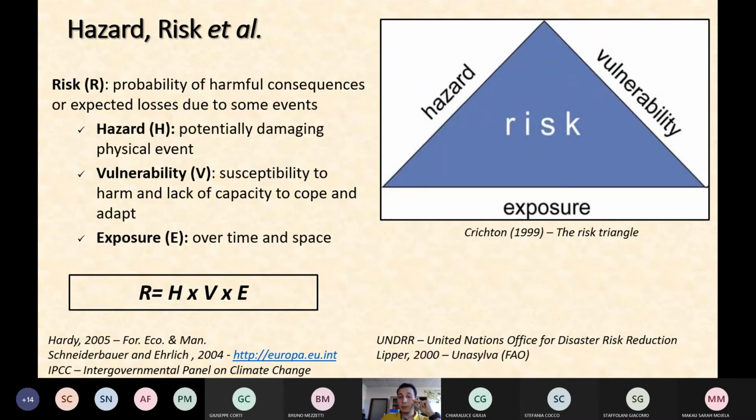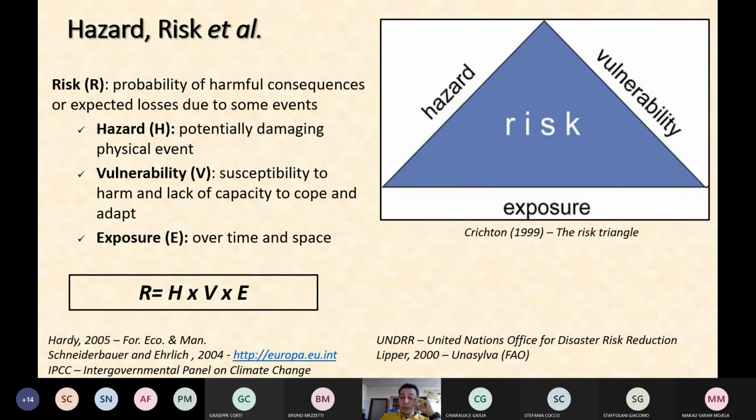We use the definition of Crichton's risk triangle, or the risk equation, that defines the risk as the probability of harmful consequences or the expected losses due to the disturbances.